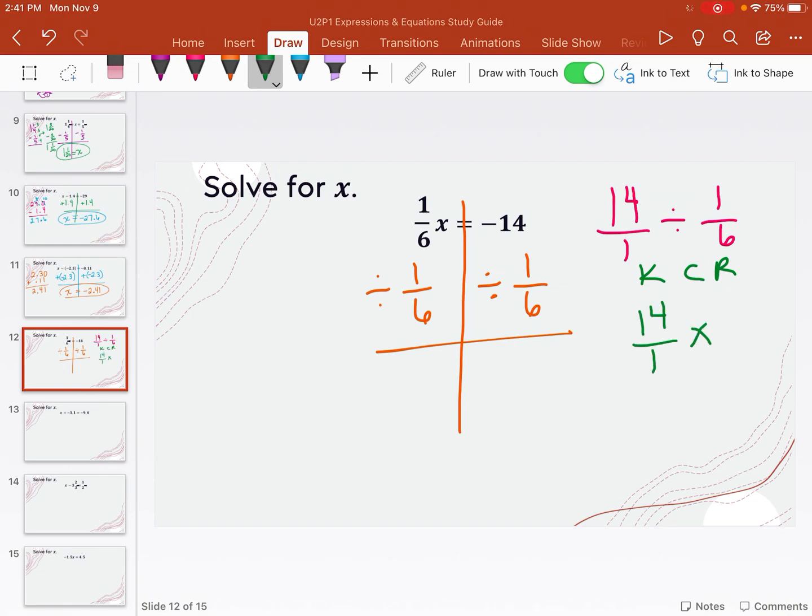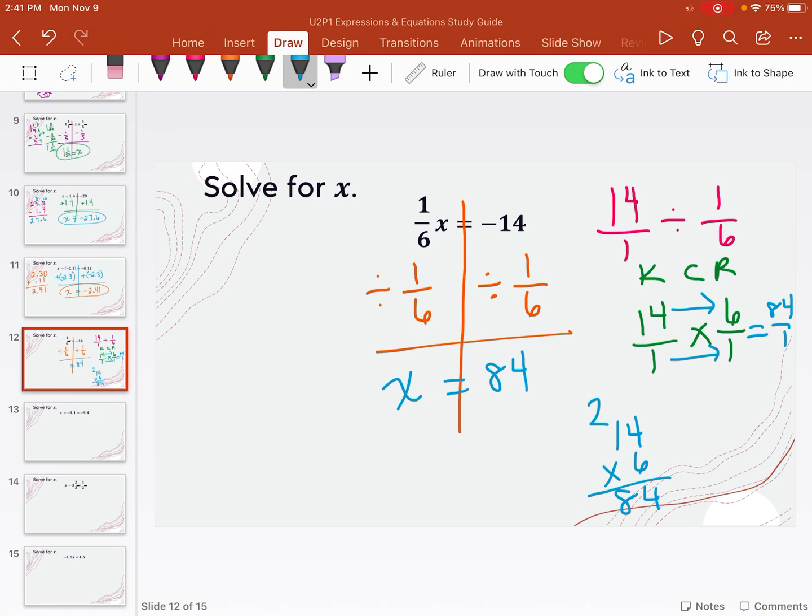Change it to multiplication, reciprocal, so flip this upside down to be 6/1. And then we multiply straight across the top and bottom. Well, 14 times 6, 6 times 4 is 24. Carry my 2, 6 plus 2 is 8. So I'm getting 84/1, which is just 84.